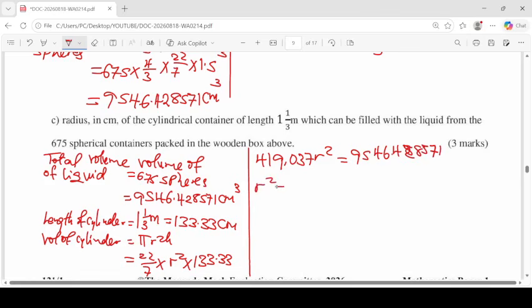So r squared here will be given by 9546.428571 divided by 419.037.